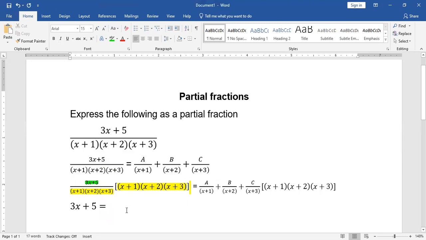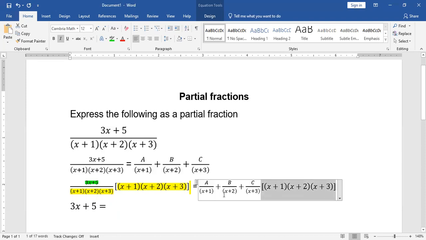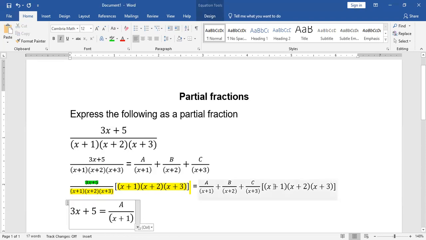Now, I'll demonstrate what I'm going to do to A, and that will be true for B, and the same for C. If I multiply A, this first part, by that whole part here, you will see that the denominator, the bottom part there, is the same as this first number here.